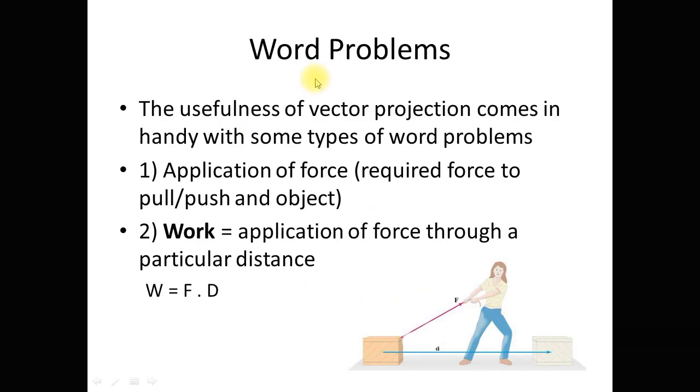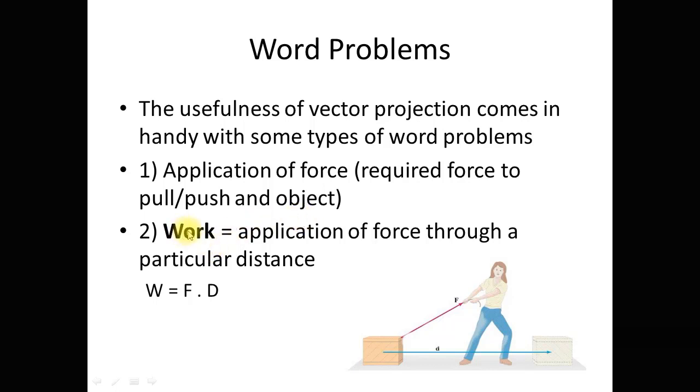Now some word problems related to projections. The usefulness of vector projection comes in handy with some types of word problems. Number 1, application of force, the force required to pull or push an object.